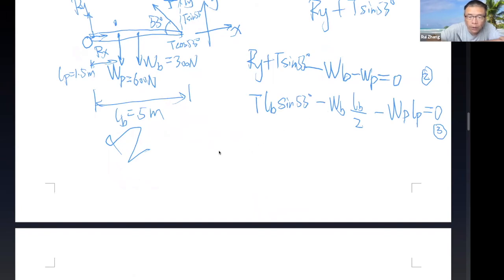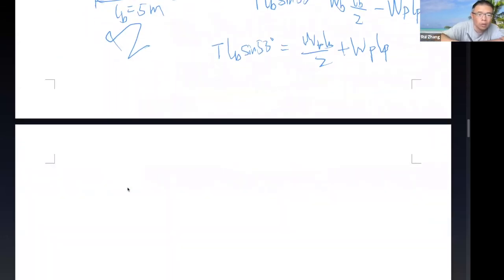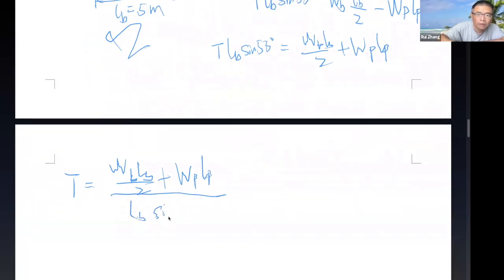Formally, T LB sine 53 equals, moving the two terms to the right, WB LB over 2 plus WP LP. So the tension T equals WB LB over 2 plus WP LP, divided by LB sine 53.